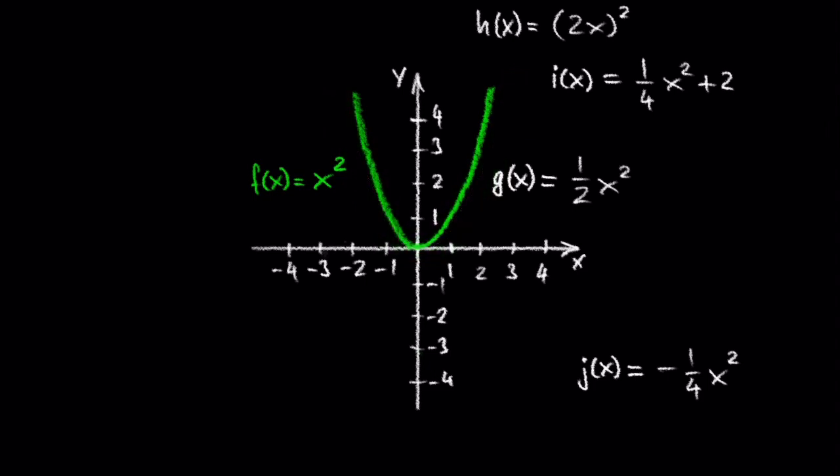Let's plug in some x values to get some y values to get some precise points on the graph. 0 squared is 0, divided by 2 is 0. 1 squared is 1, divided by 2 is 0.5. 2 squared is 4, divided by 2 is 2. 3 squared is 9, divided by 2 is 4.5.